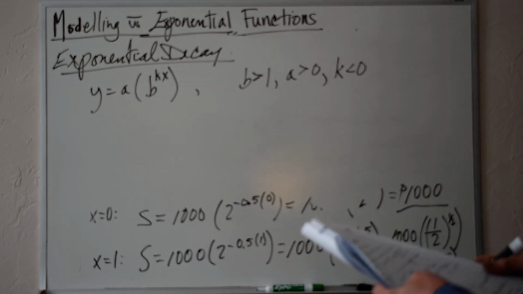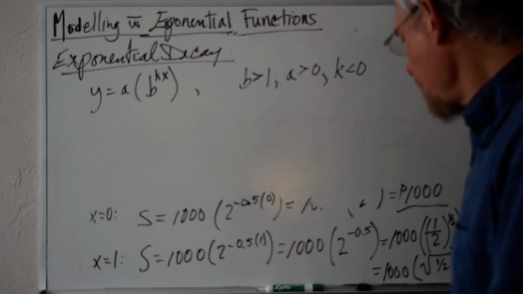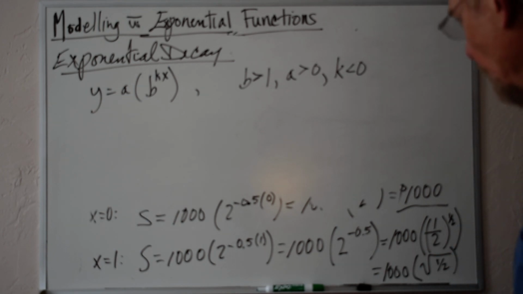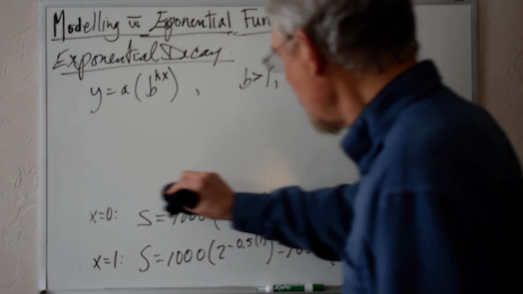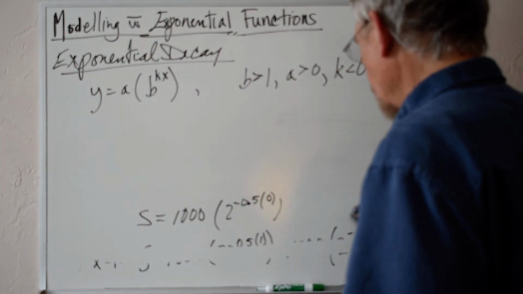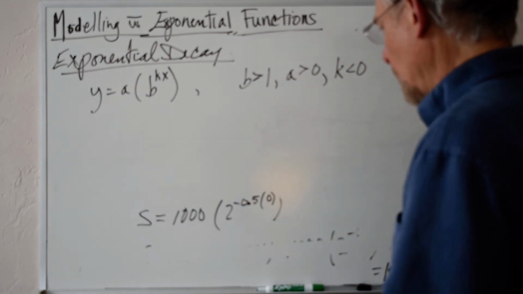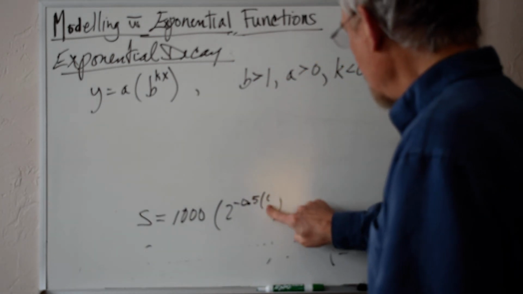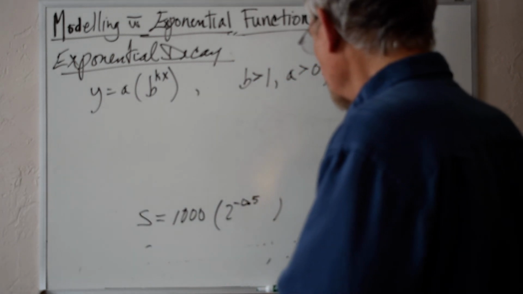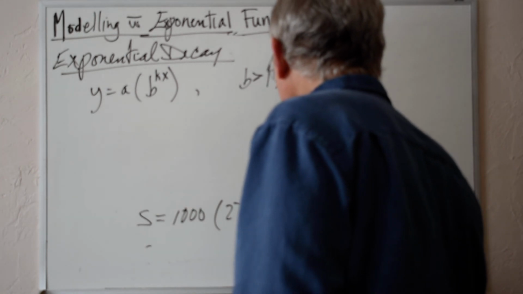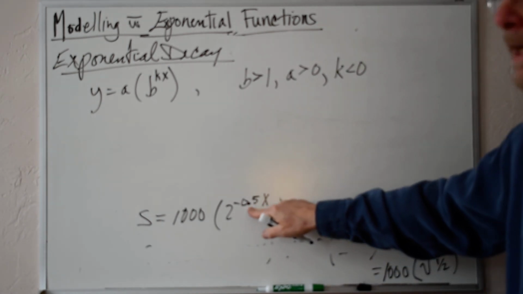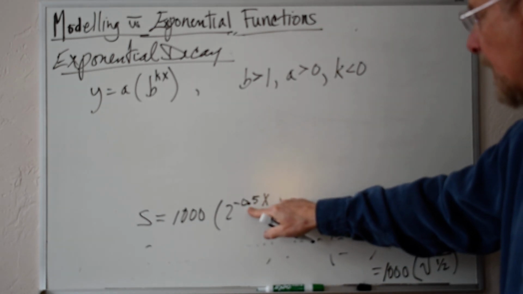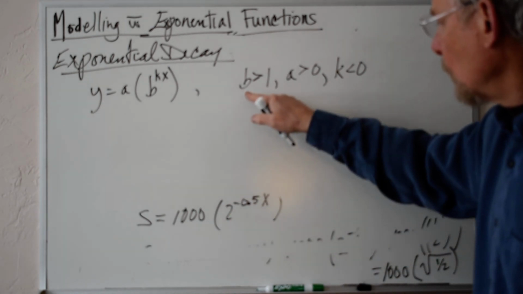So in the problem we just saw, our formula, and I have a version of it right here, our formula looked like that. There was our x with a negative constant multiplying it. The base was greater than 1.